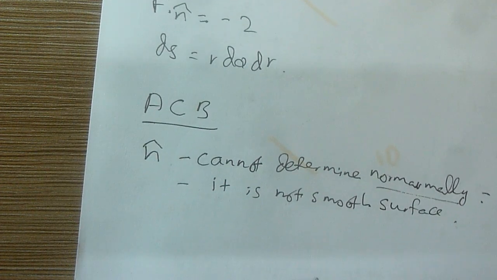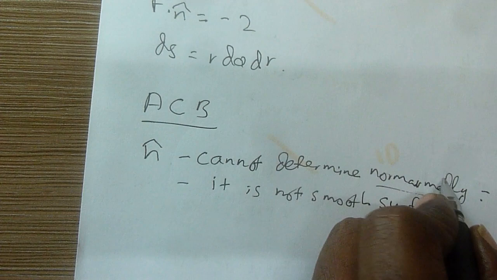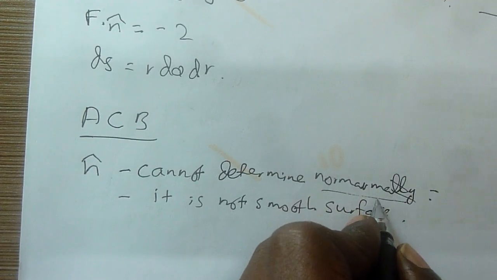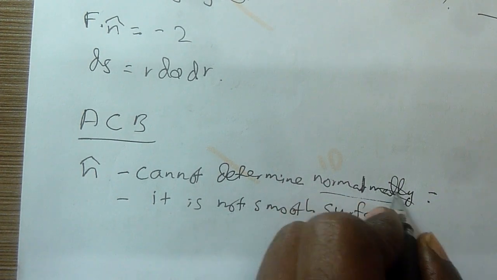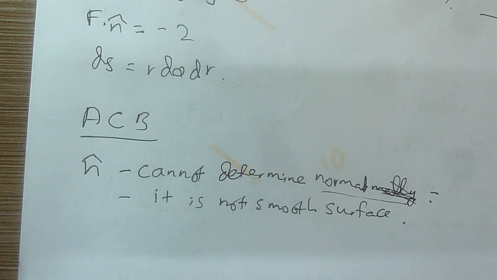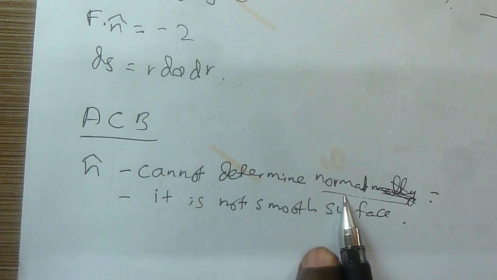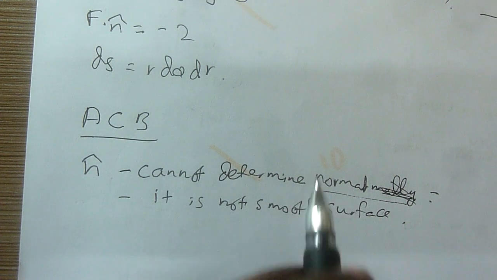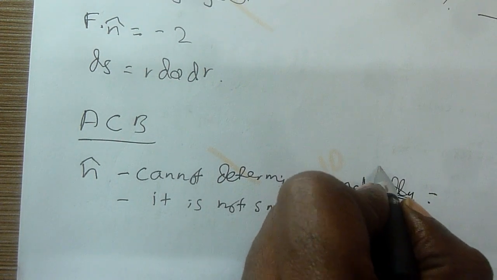That's more important. It's not normal. Sorry, what am I writing? Two times I made the same thing. Okay, you cannot determine the normal method.